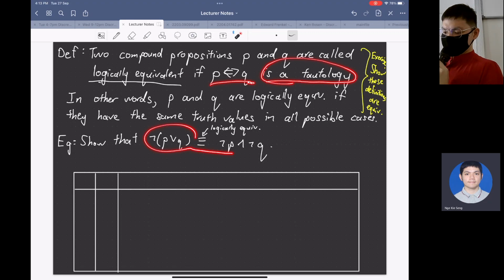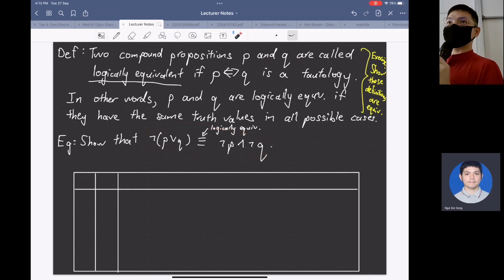So what is P if and only if Q in this case? Can someone tell me? Okay, so show that P if and only if Q is a tautology. Can anyone tell me what it is in this case?